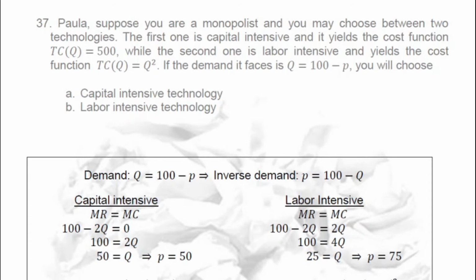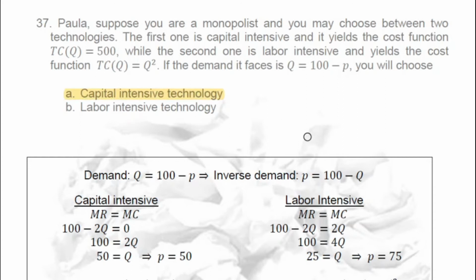Then with the labor intensive total cost function, we have this Q, less quantity, more expensive, and the profits are the revenues minus this cost, 25 squared. Then Paula, we should choose capital intensive technology.